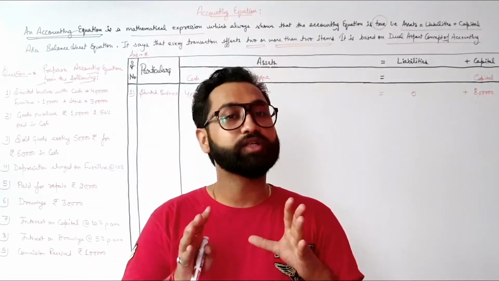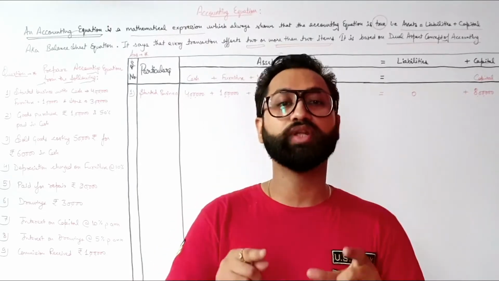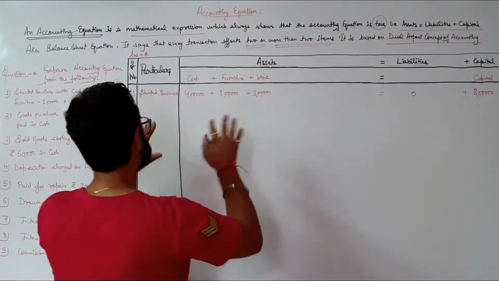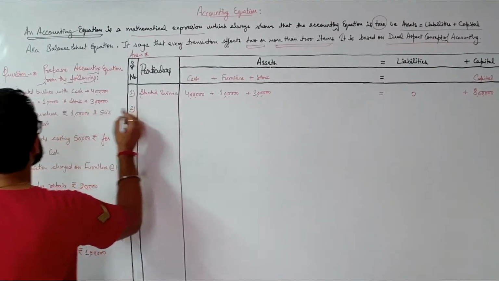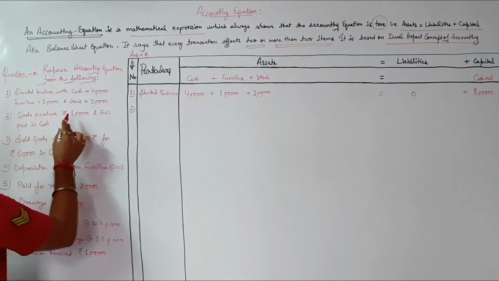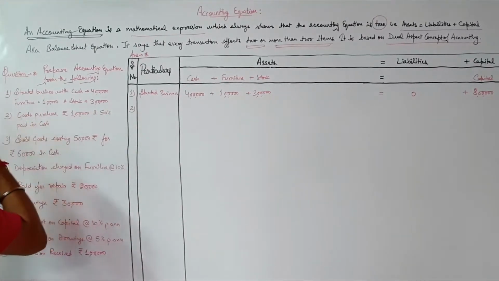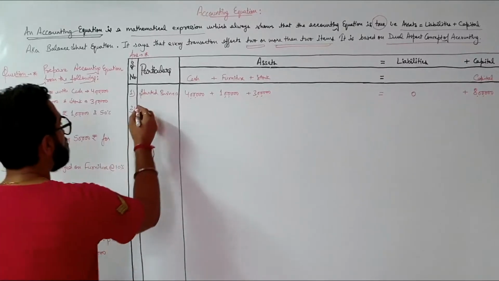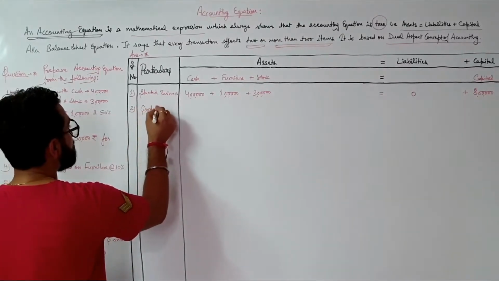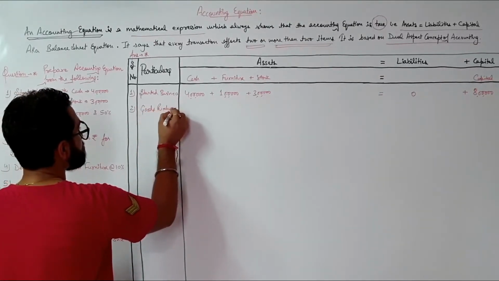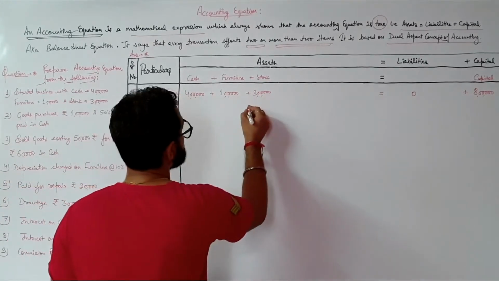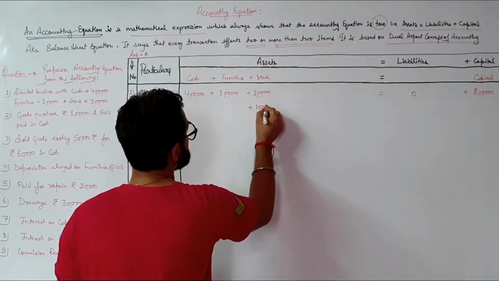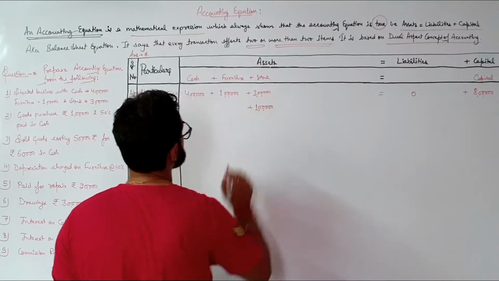In each and every transaction you just have to check that the accounting equations are equal. Now this was the first equation. Let us attempt the second equation. Goods purchased for rupees 1 lakh and 50,000 paid in cash. If you have purchased goods, then it is but obvious that goods will increase.